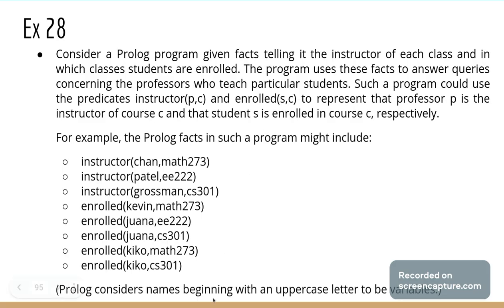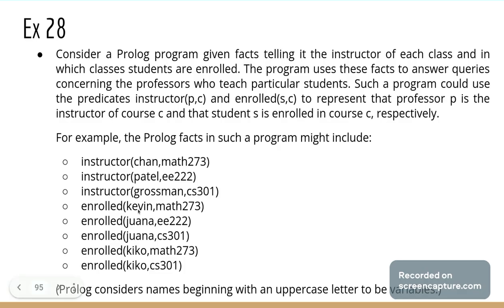Look at this code. Instructor(Chan, math 273) means that Chan is the professor of the course math 273. Similarly, Patel is the professor of EE 222, and Grossman is the professor of CS 301.